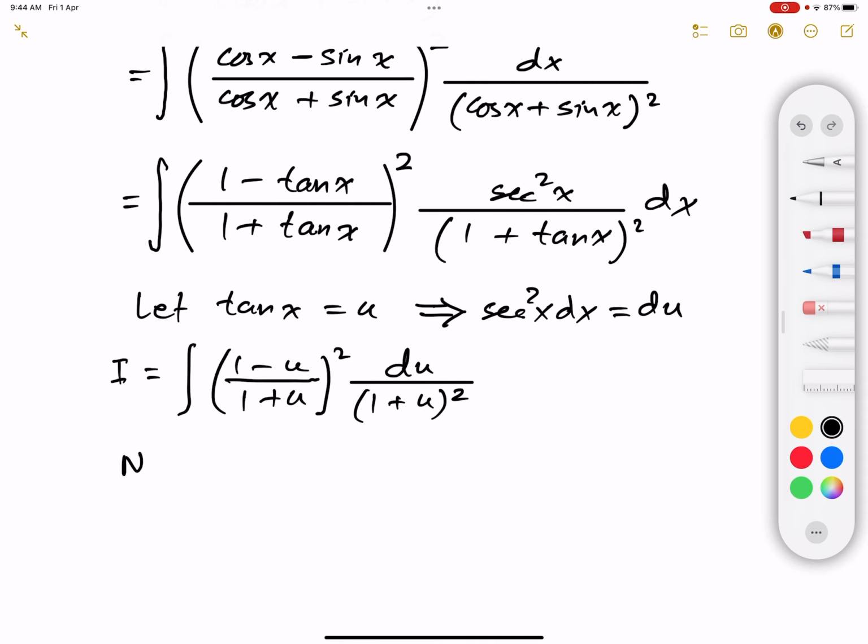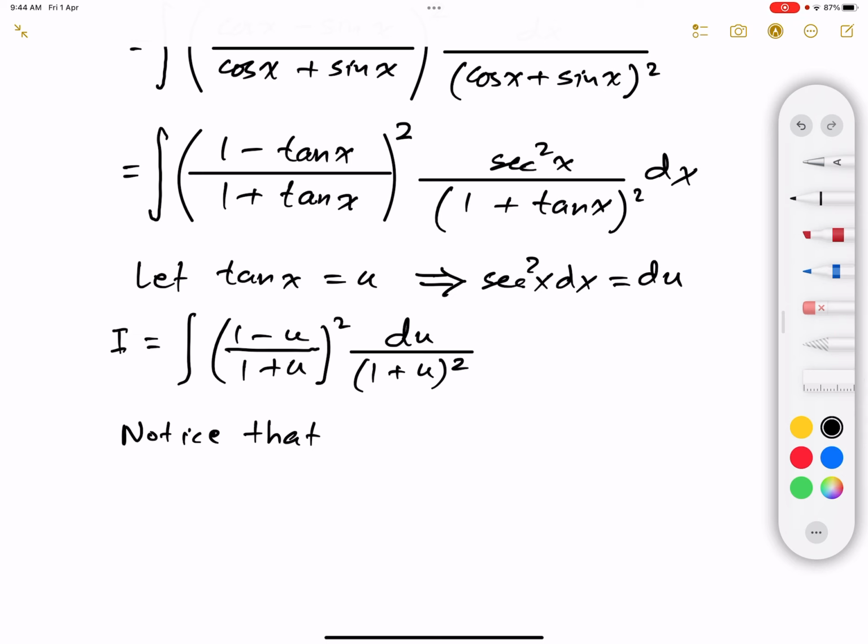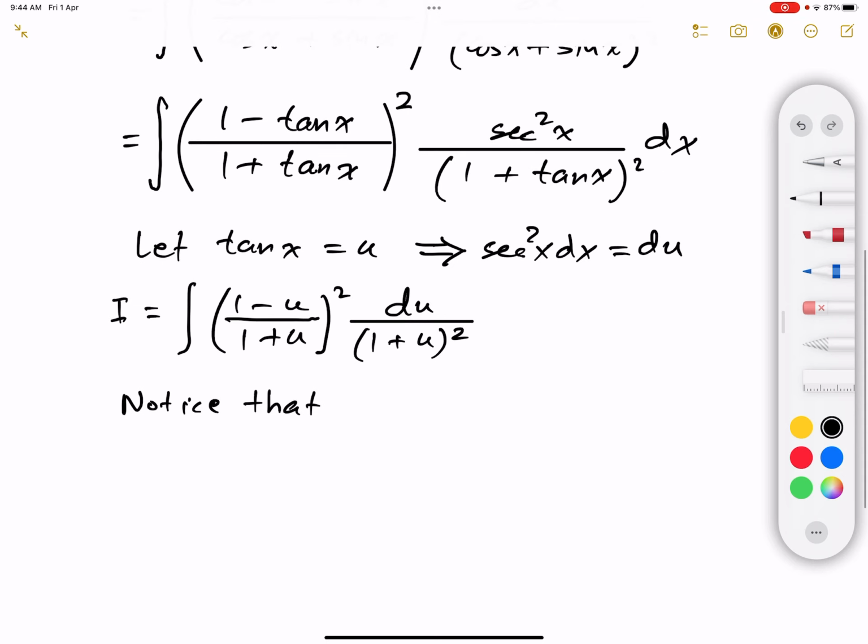Now, notice that if we take the first term, which is (1 minus u) over (1 plus u), and differentiate that, I'm going to differentiate that.